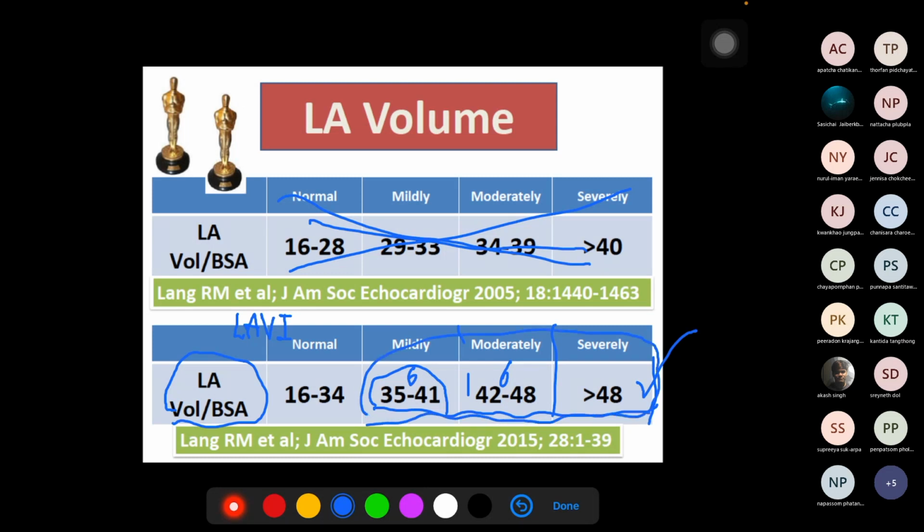In the future, this number might change again if we have new data from research, but the latest update you should use is from the JSE 2015. You should remember this number.